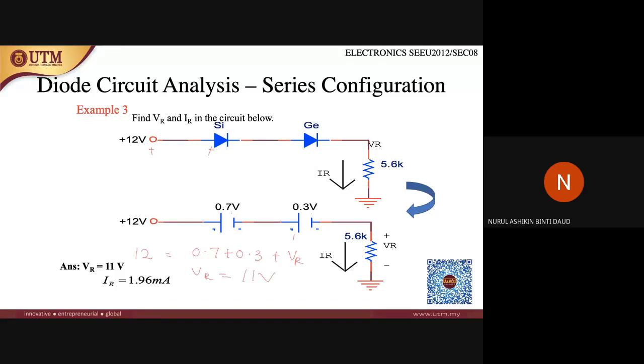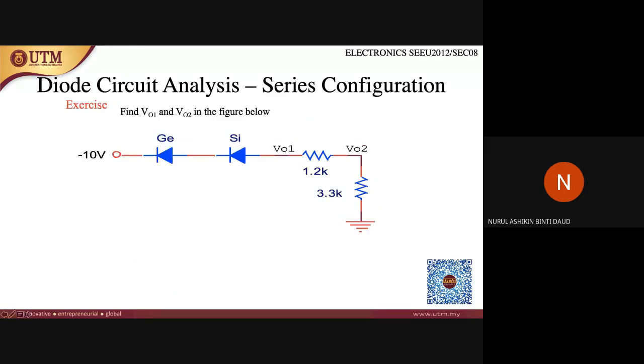Once you get VR of 11 volts, you can definitely find IR by dividing by the resistance value, which is 5.6 kilo ohm. So you will get the IR that flows inside this resistor is 1.96 milliampere. Okay, so it's very easy, straightforward.